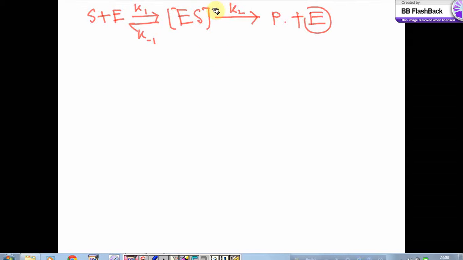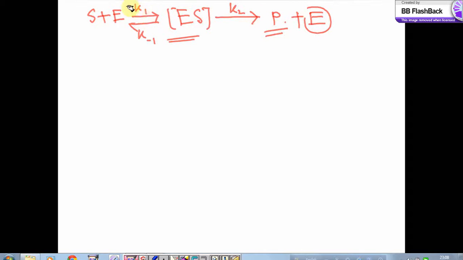This enzyme substrate complex production is very fast, whereas this product formation is very slow.